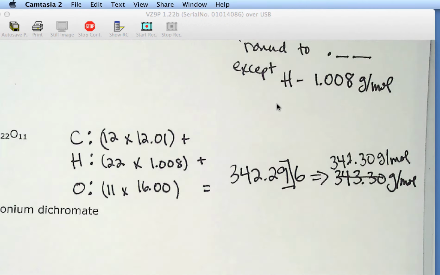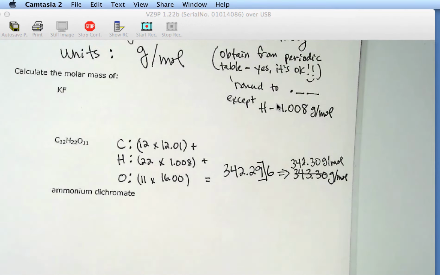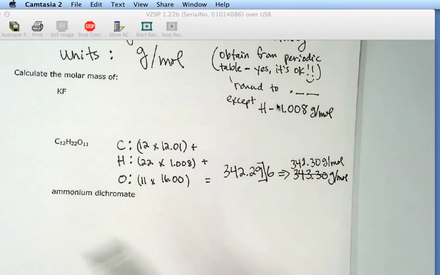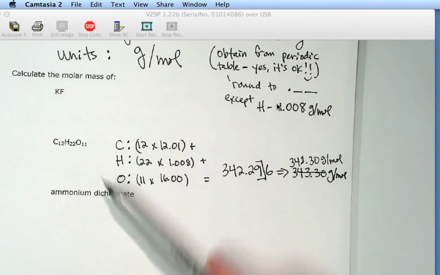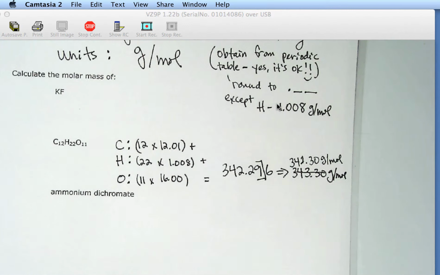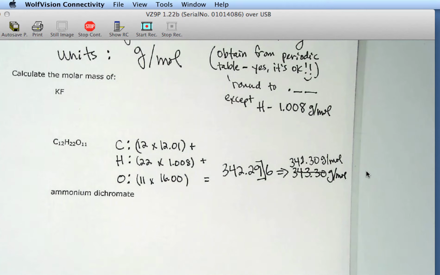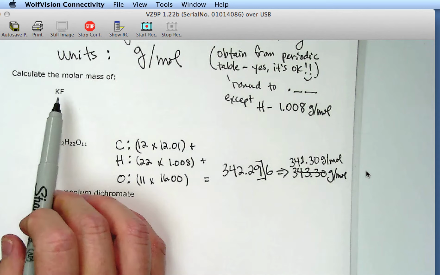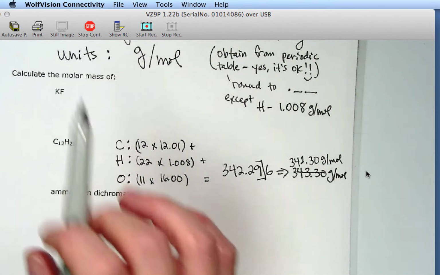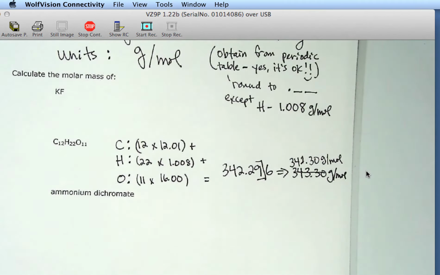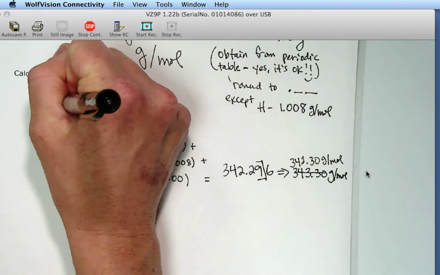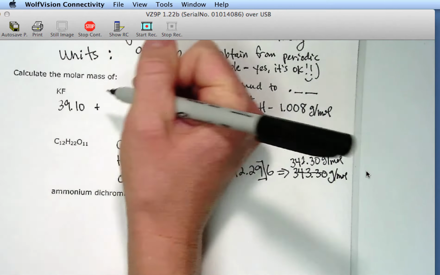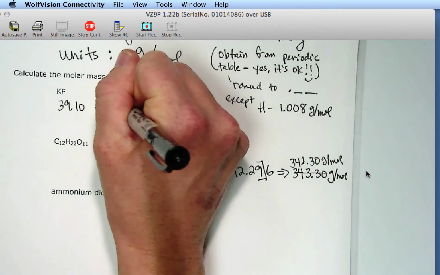Good. I want you to calculate the molar mass of potassium fluoride and then ammonium dichromate as well. So potassium fluoride, what did you get as your molar mass for potassium fluoride? 58.10, so you have potassium at 39.10 plus fluoride, call it 19.